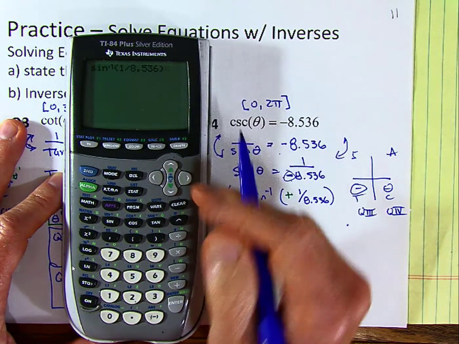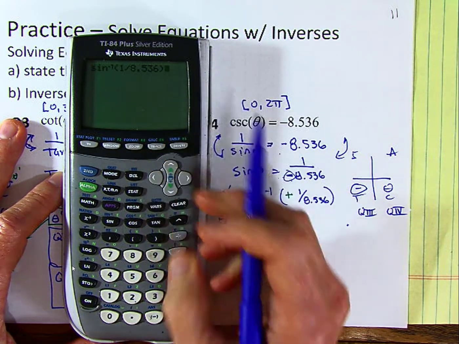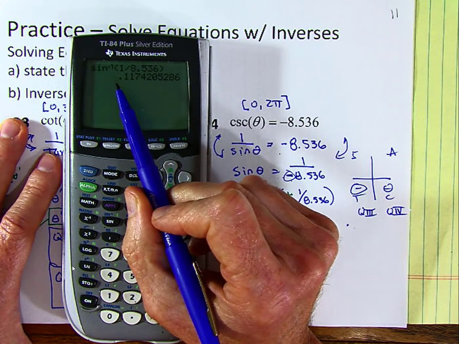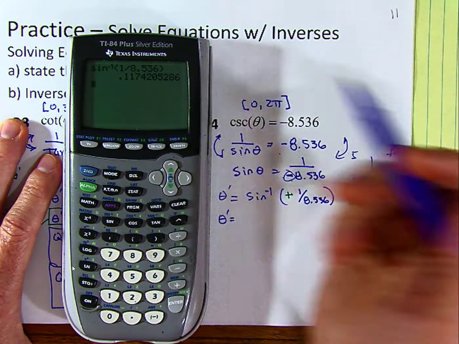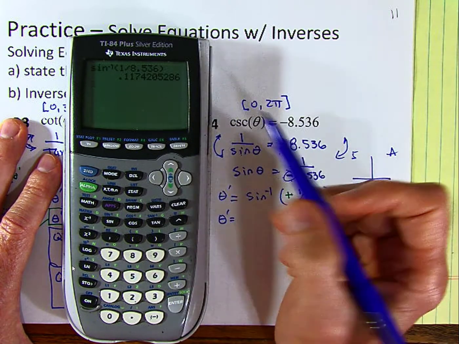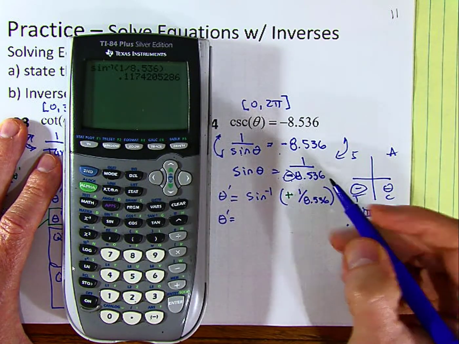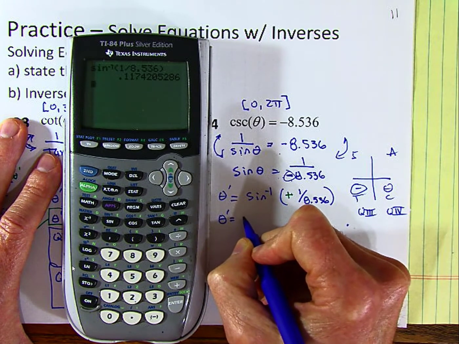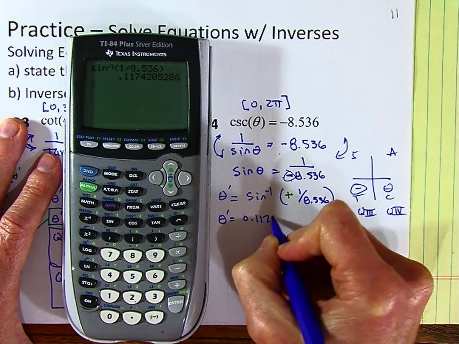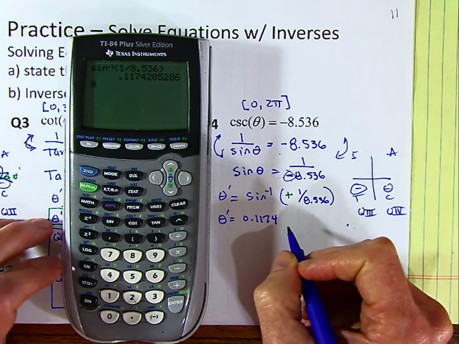Now, because this is a ratio, the output is a radian. It's a radian decimal of some fraction of pi. And so pi values are irrational, so the decimals never really come out nice. So we're going to have approximately 0.1174. That is my radian answer for the reference angle.